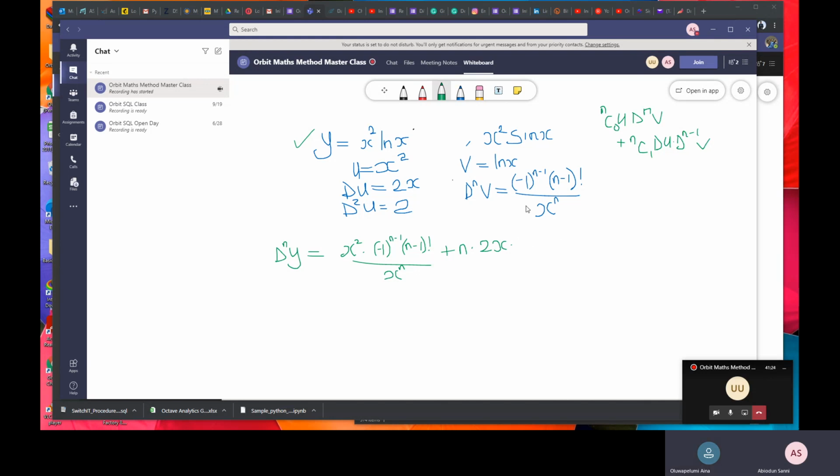In this general term, put n minus 1 instead. So that's going to give me minus 1 raised to n minus 2, times n minus 2 factorial, all over x to the power n minus 1, right? Okay, yes.